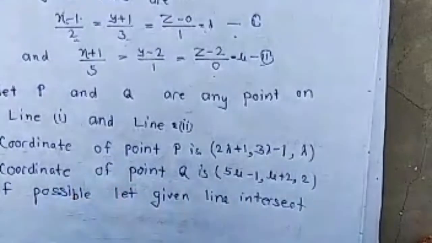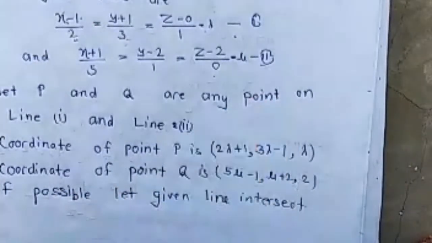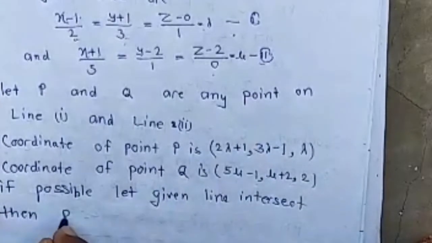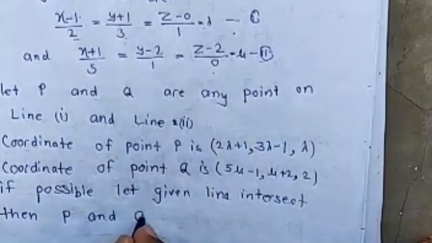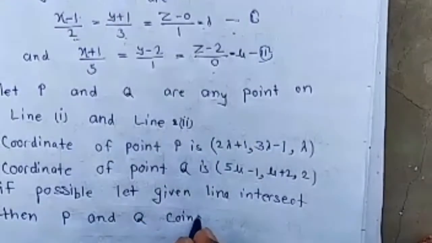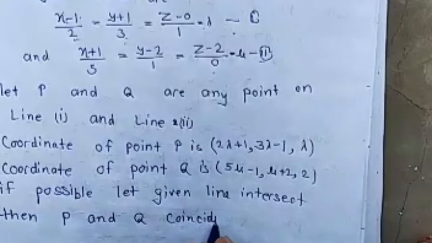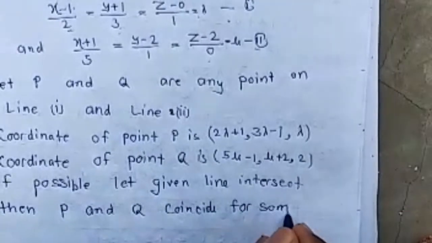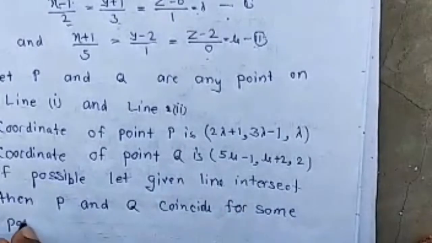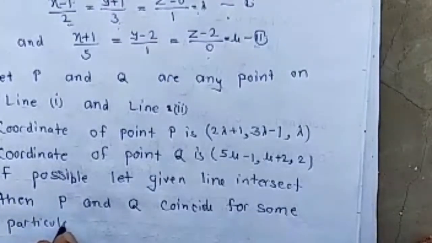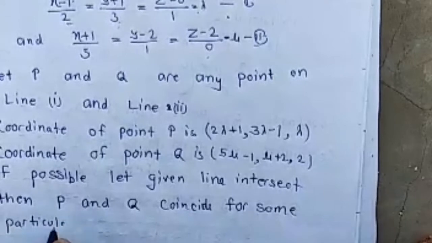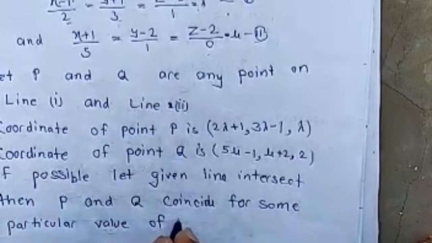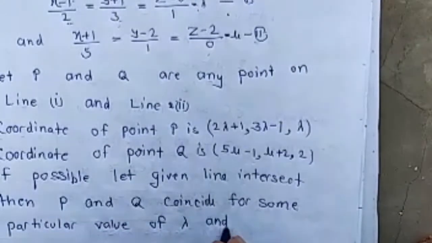Then P and Q coincide for some particular value of lambda and mu.